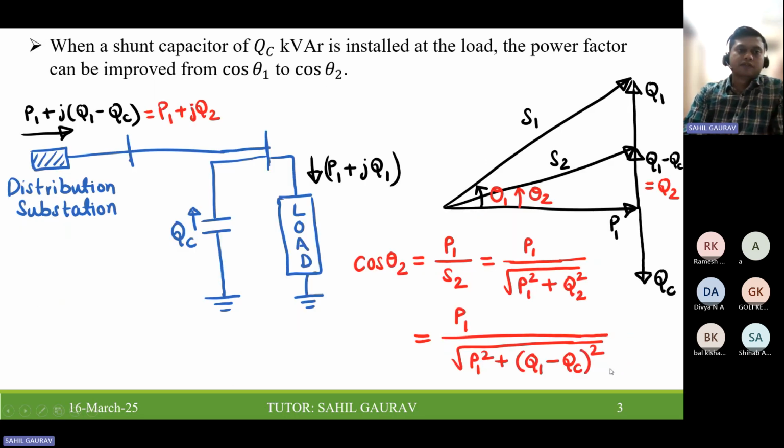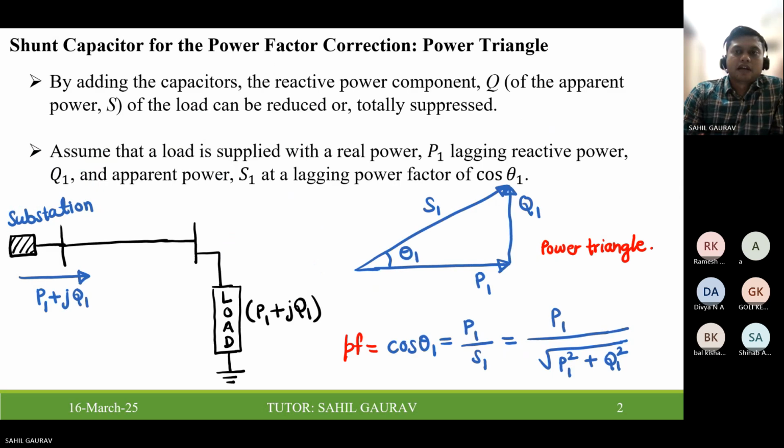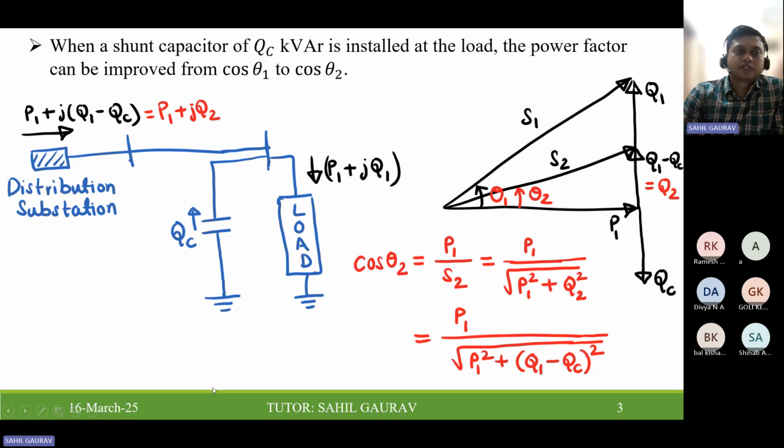Now what you do for power factor correction is either minimize the reactive power component that is flowing from the distribution substation, or totally suppress it by providing the reactive power locally. The concept is that we are not taking the reactive power from the far end; at the nodes, at the buses, we put the shunt capacitor, and that provides the reactive power locally.